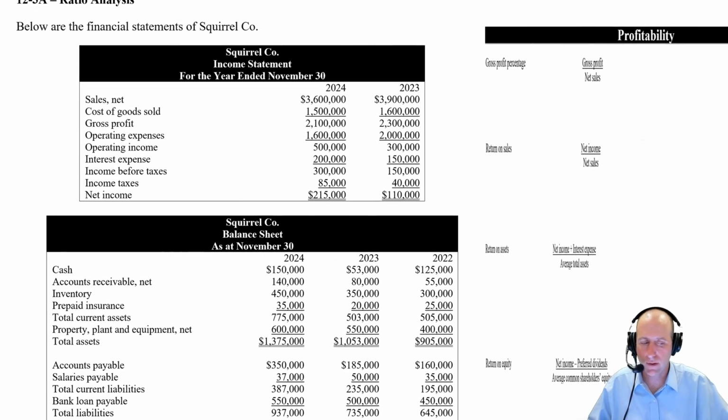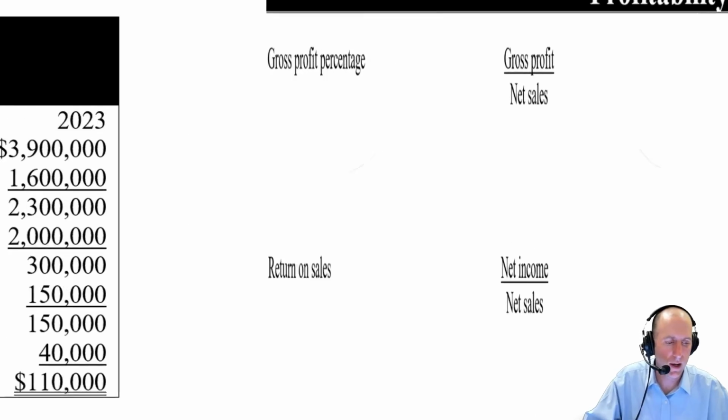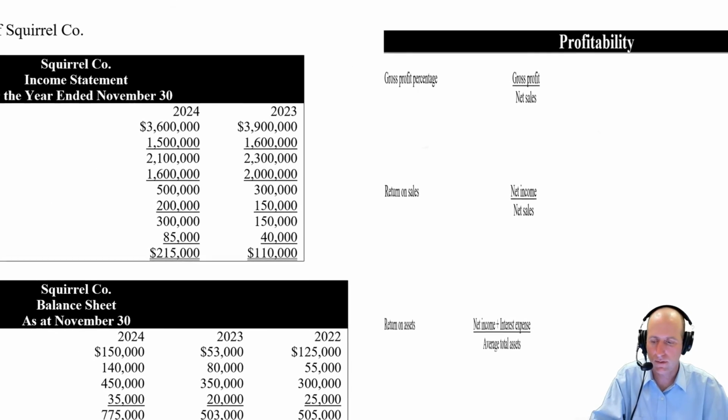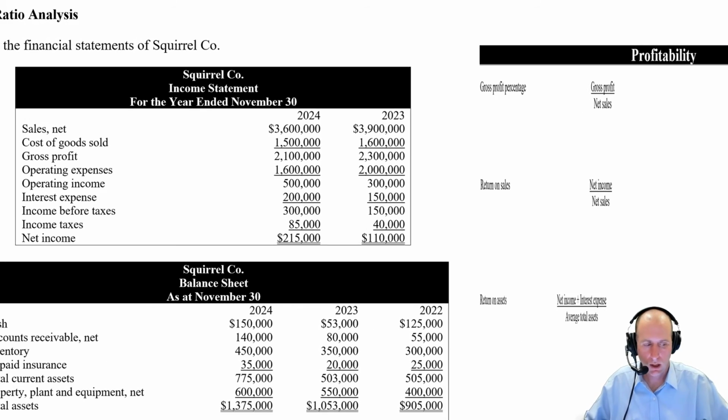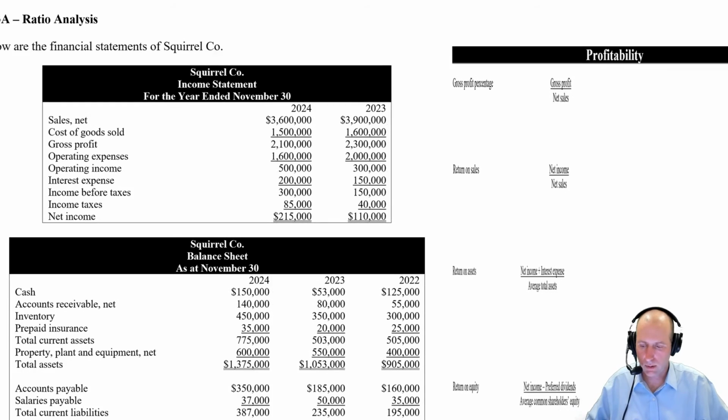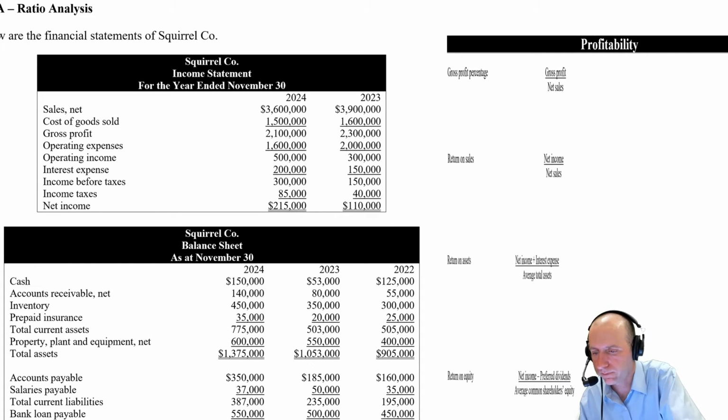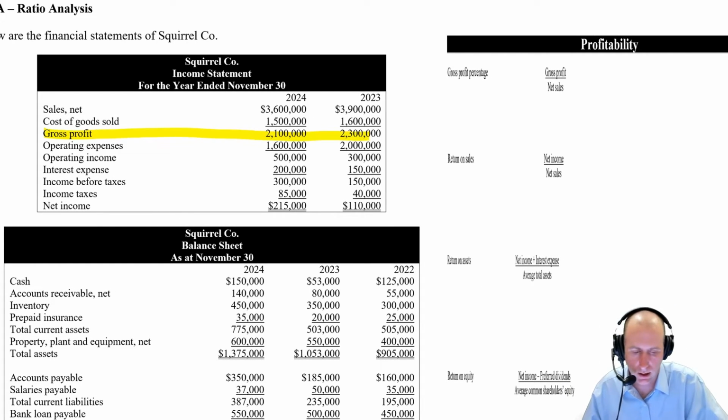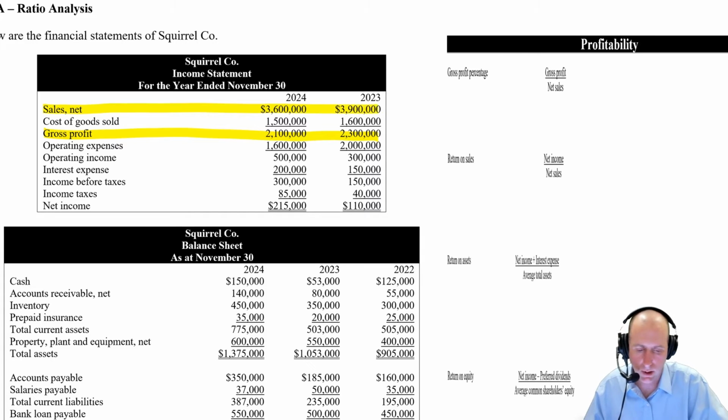So gross profit percentage, gross profit divided by net sales. That's the formula from the formula sheet. Here we go. Our company's gross profit line is right here. Our net sales line is right here.